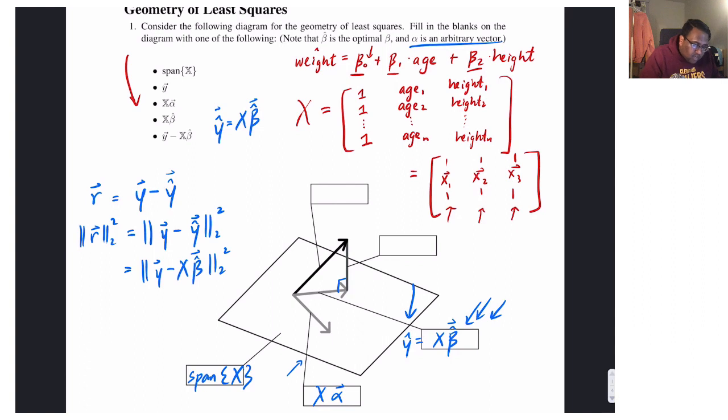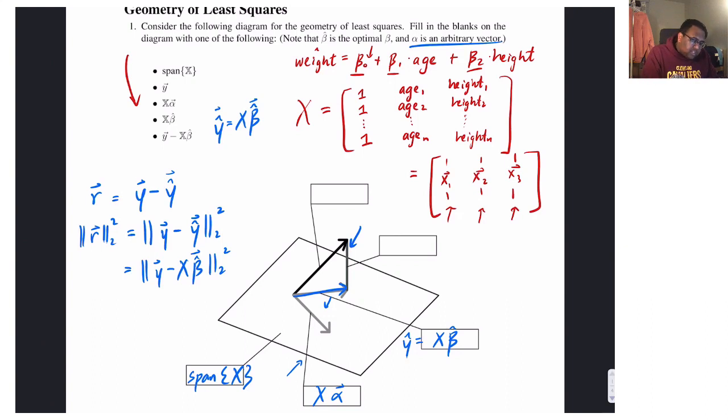And the reason I know that this one over here is the projection is because it looks like this residual is orthogonal to the span of x. And that's a property we will rely on in subsequent questions. Okay, you can think about this visually perhaps. If I took this vector over here, x times beta hat, and made it point anywhere else, this residual vector over here, first of all, would no longer be orthogonal to the span of x, but it would also be longer, right?